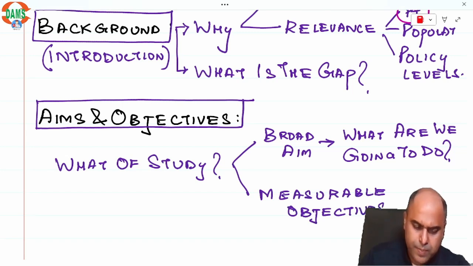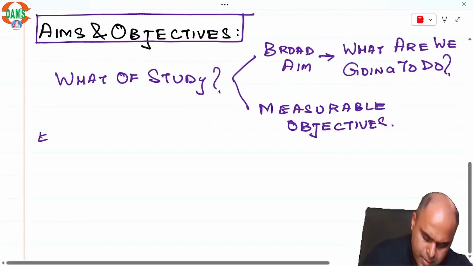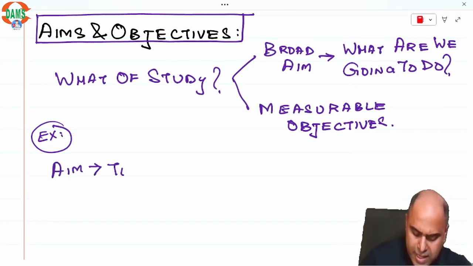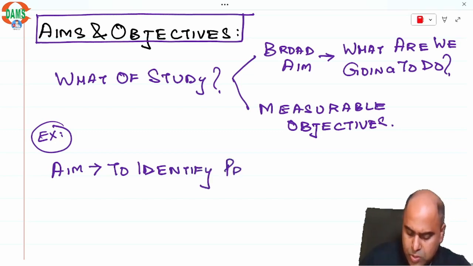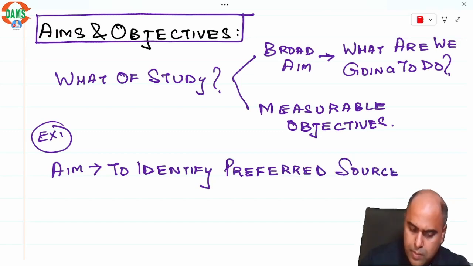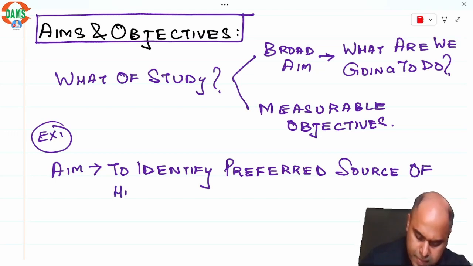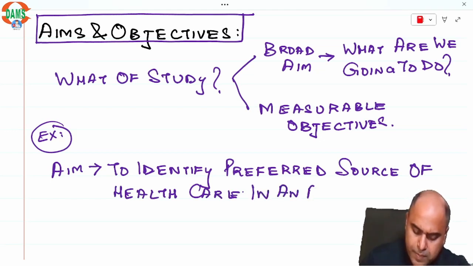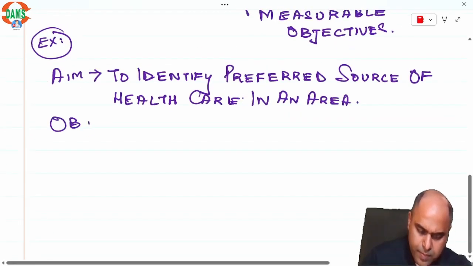For example, my aim is to identify the preferred source of healthcare in an area.